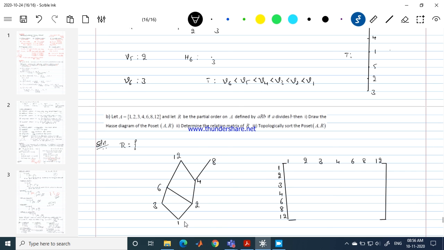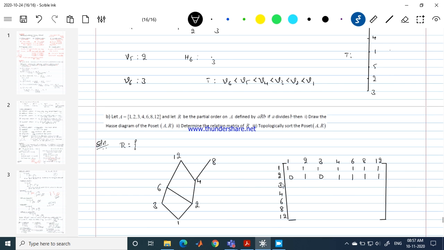So starting with 1. So 1 is related to all the remaining elements here. Starting with 2. It is related to itself. 2 is related to 4, 2 is related to 6, 2 is related to 8, 2 is related to 12.